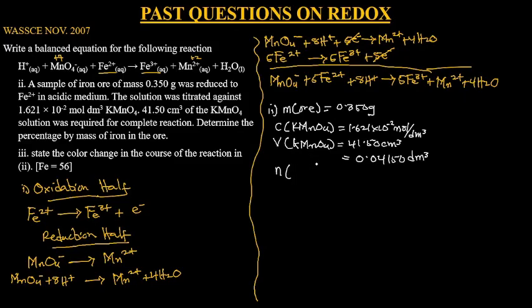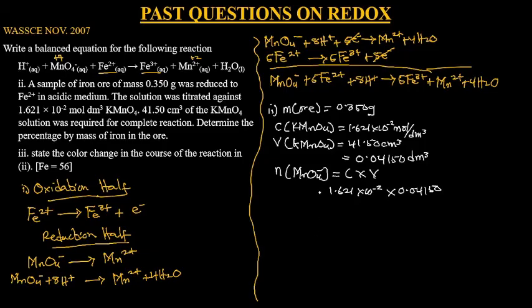Now, what is the mole of the manganate MnO4 minus, assuming we do not write the potassium, the mole of MnO4 minus in the solution? It is going to be the concentration times the volume. So the concentration is 1.621 times 10 exponent minus 2 times the volume, 0.04150.